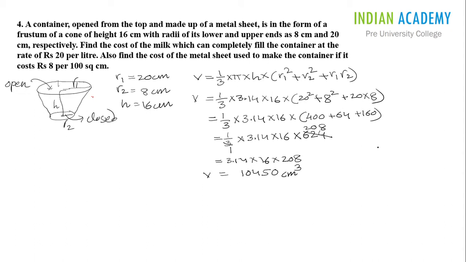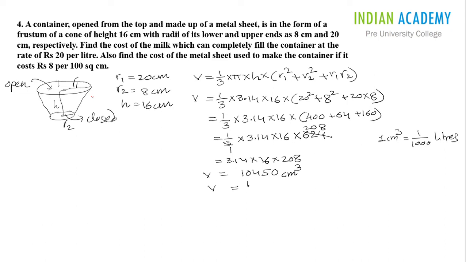And we know the conversion formula, because the rate of milk is given as rupees 20 per liter. So we need the volume to be in terms of liter, and we know that 1 centimeter cubed is equal to 1 by 1000 liters. So to convert centimeter cube into liters, you need to divide by 1000.